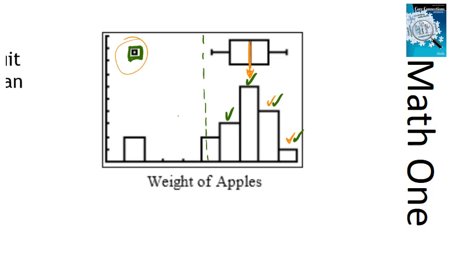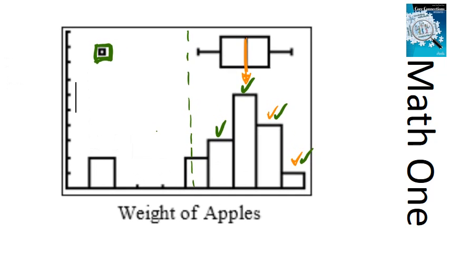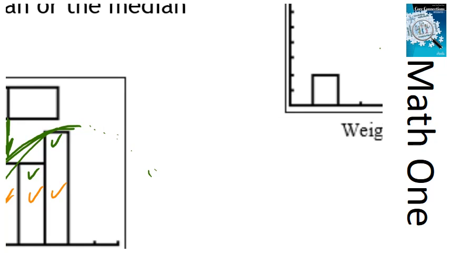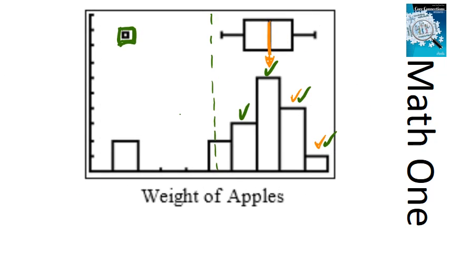So if your data set has outliers like that, you might use the median. The median's probably a better measure of where the middle of your data is. Now, we didn't use the median, we used the mean because we're trying to sneak more fruit in. But if there's an outlier, probably the median is a better indicator of where the middle of your data is, or what a typical apple looks like.